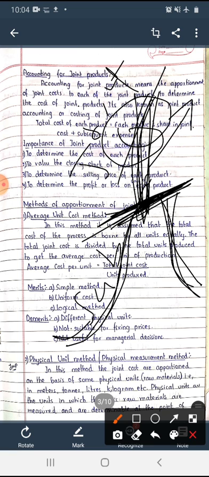Subsequent cost refers to the total cost incurred on the products after the separation point, as these costs are incurred on identifiable individual products. Till the separation point the cost is together, so we have to divide the joint cost. This is about the joint cost, subsequent cost and the separation point.